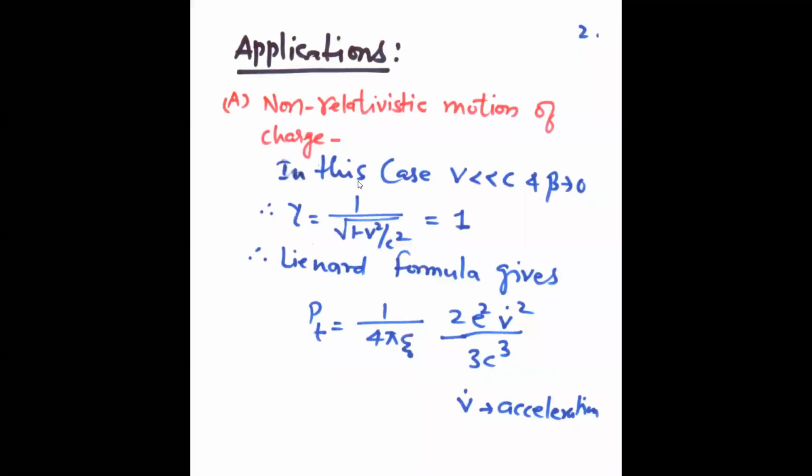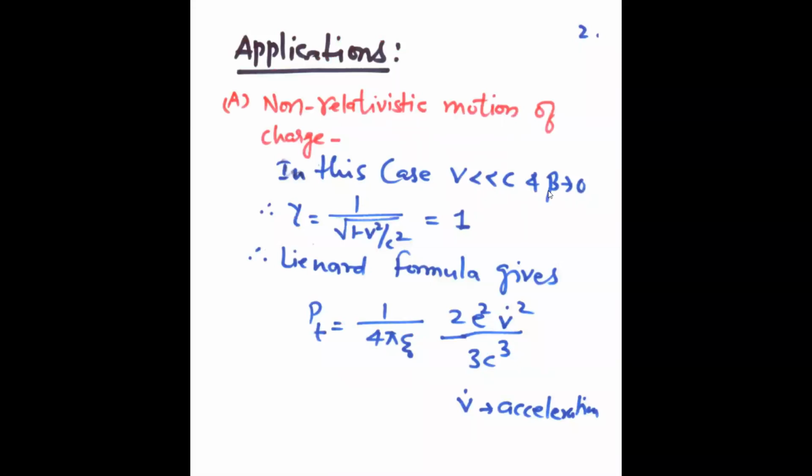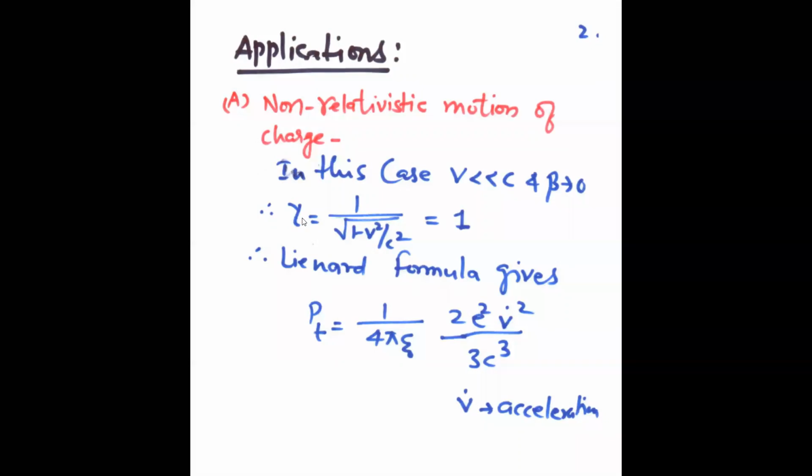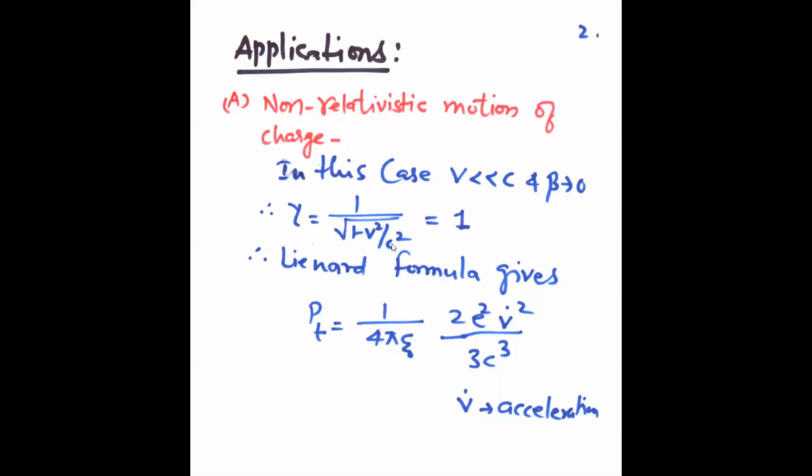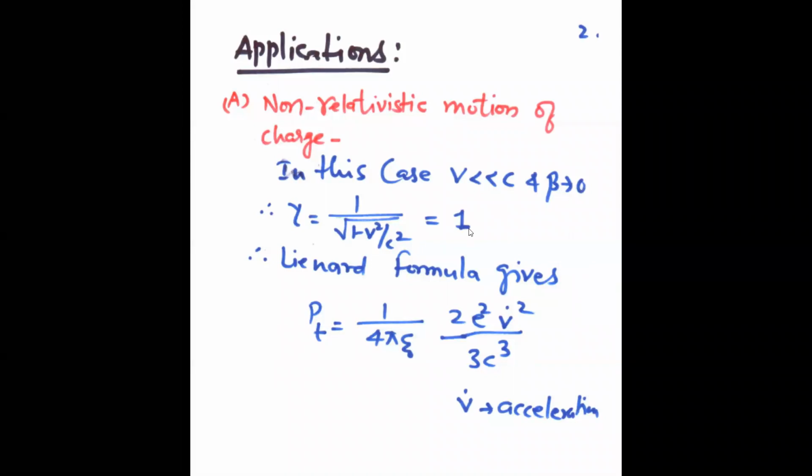In the non-relativistic case, if v is very much less than c, that is beta tends to 0. In this case, our relativistic factor gamma becomes 1 by root of 1 minus v square by c square. v by c is beta, so this is nothing but beta square only. So beta is 0, that is, gamma becomes 1.